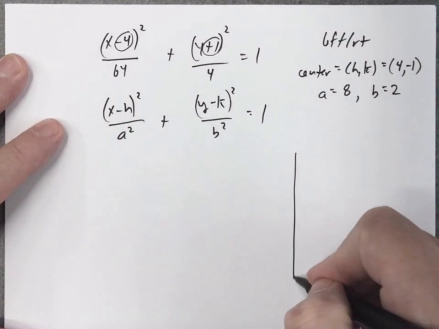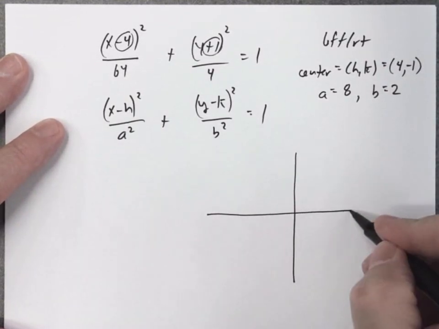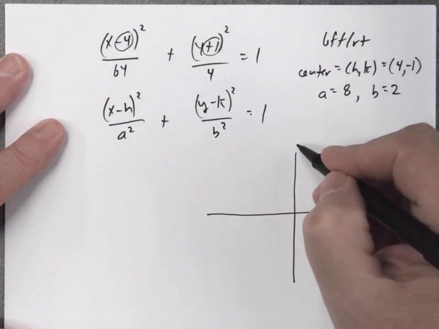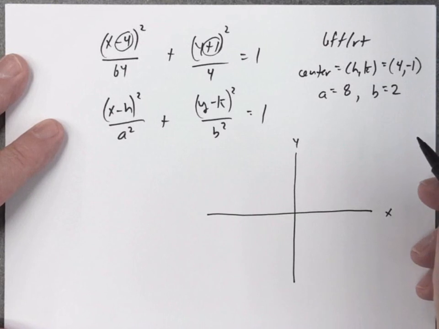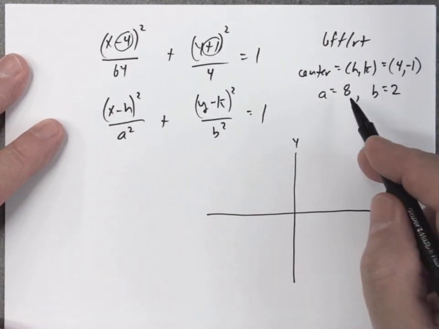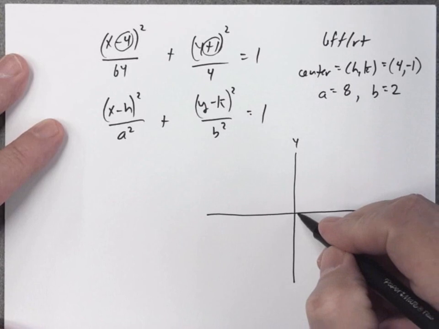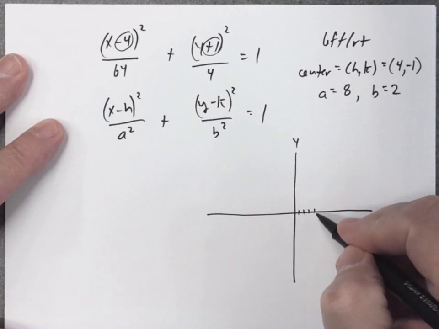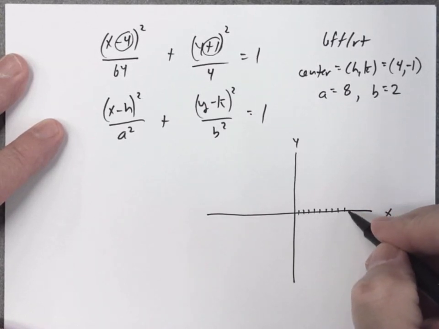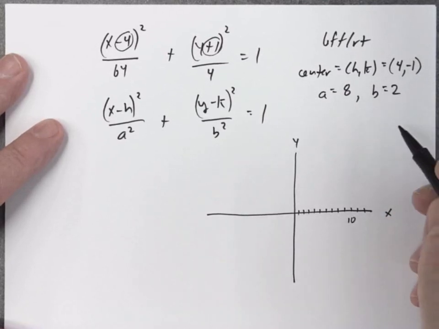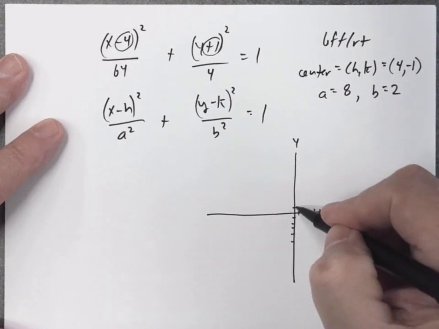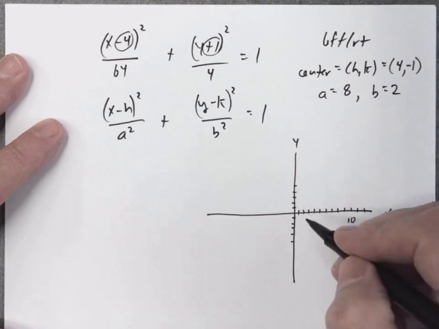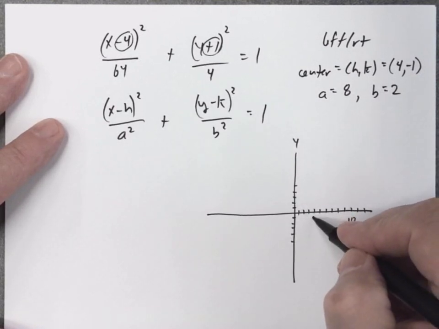So the center is 4, -1. Now I'm going to have to move 8, so let me do this. Let's go 1, 2, 3, 4, 5, 6, 7, 8. Here's 10. So 4, -1.